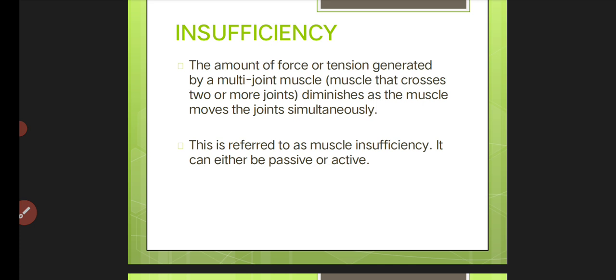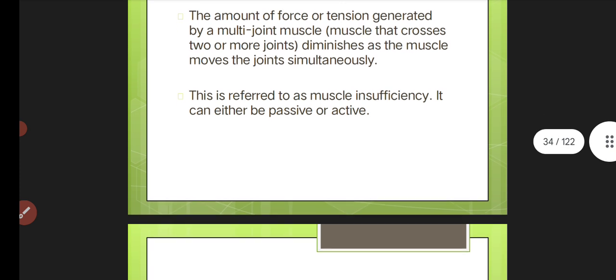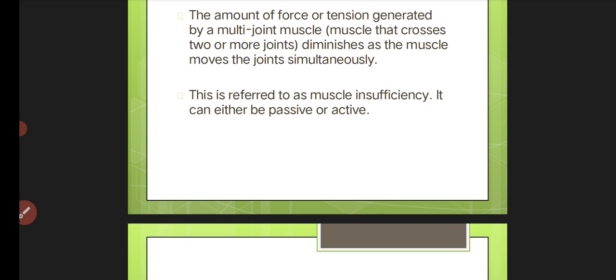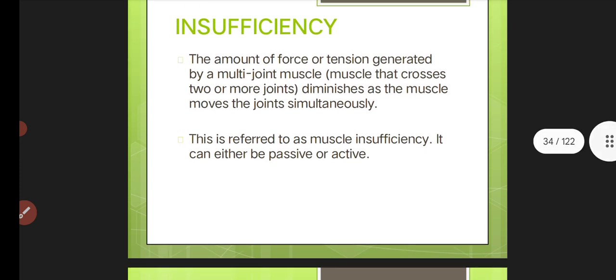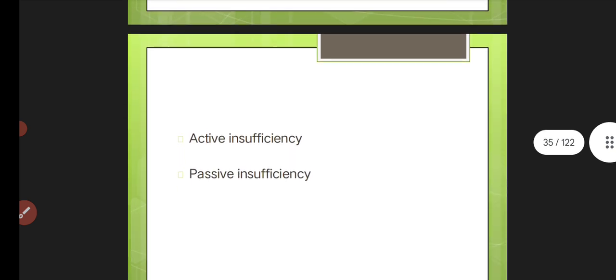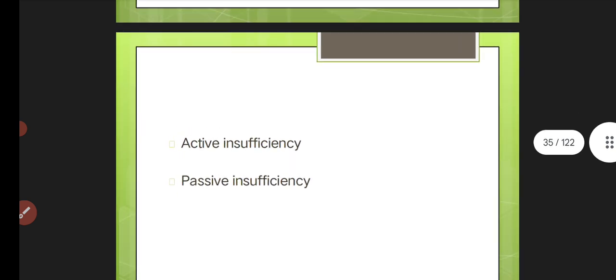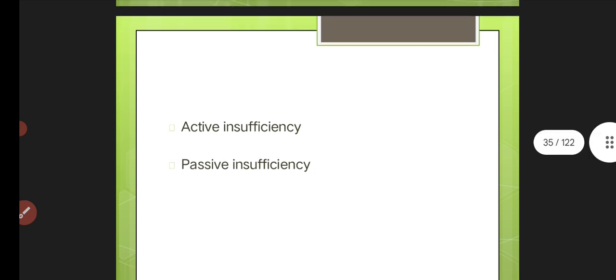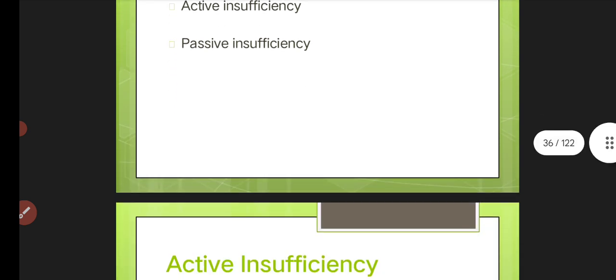As the biceps brachii moves the joints simultaneously, the force diminishes across the elbow joint. This is referred to as muscle insufficiency. It can be either passive insufficiency or active insufficiency. Muscle insufficiency is of two types: active insufficiency and passive insufficiency.